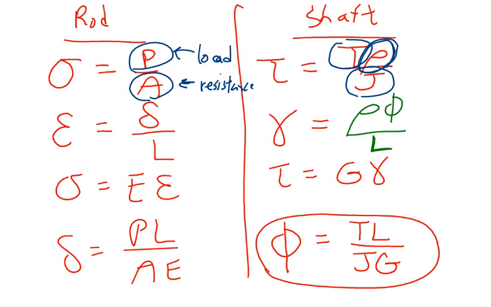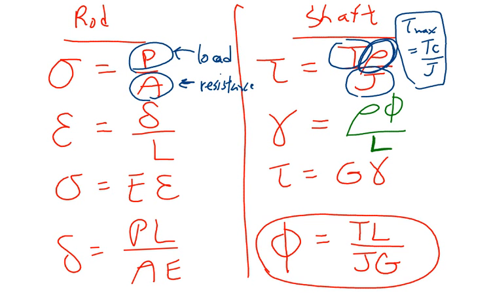We're usually interested in the maximum shear stresses, because the maximum is what's going to cause failure if failure were to occur. So we don't use the general tau equation, we use a tau max equation, and that's equal to Tc over J. Remember, c is the maximum radius. Okay, so there's the equation for stress.